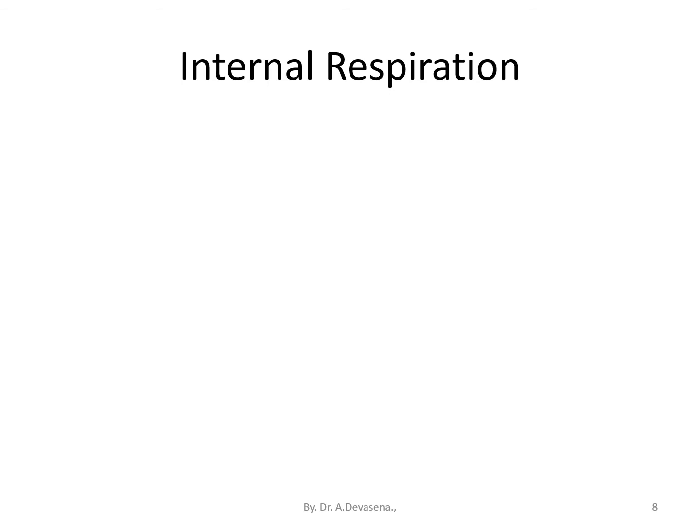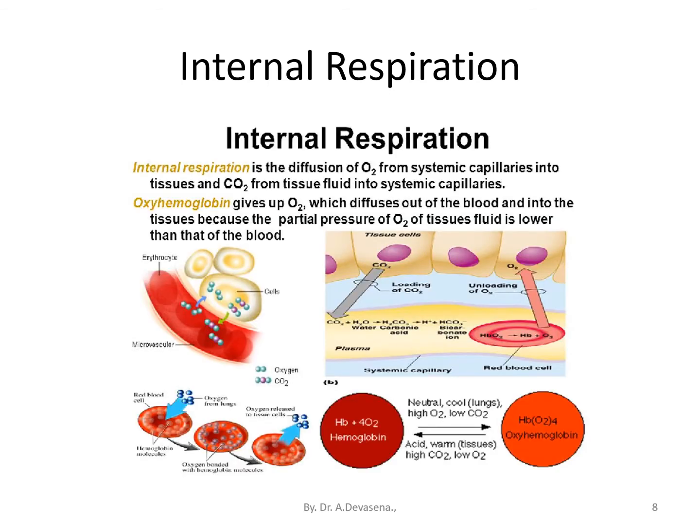Let us discuss internal respiration. Internal respiration is the diffusion of oxygen from the systemic capillaries into tissues and carbon dioxide from tissue fluid into systemic capillaries. Oxyhemoglobin gives up oxygen, which diffuses out of the blood and into the tissues because the partial pressure of oxygen of the tissue fluid is lower than that of the blood.